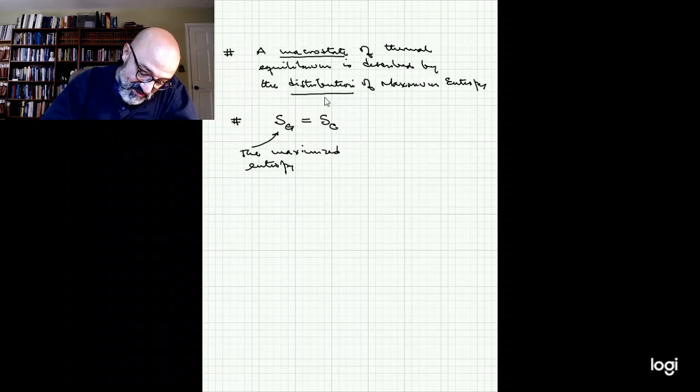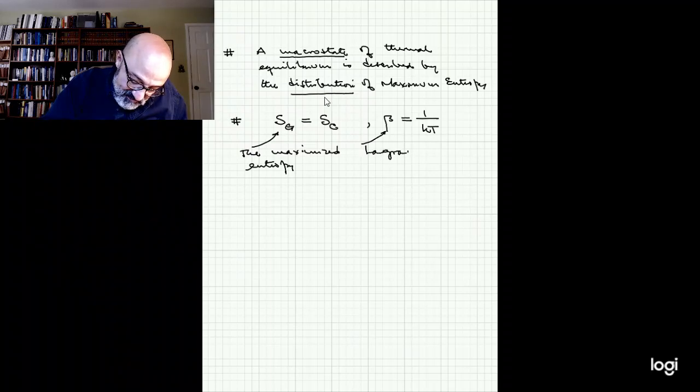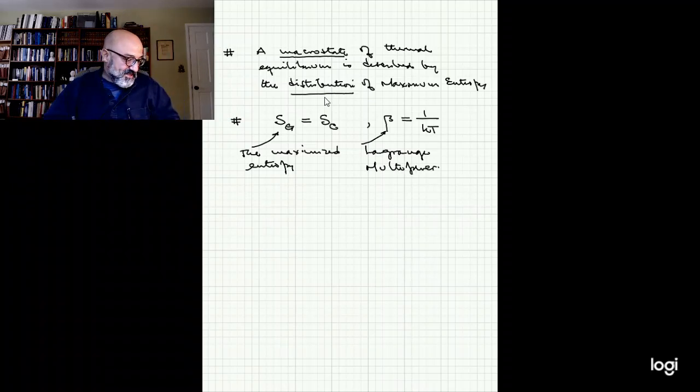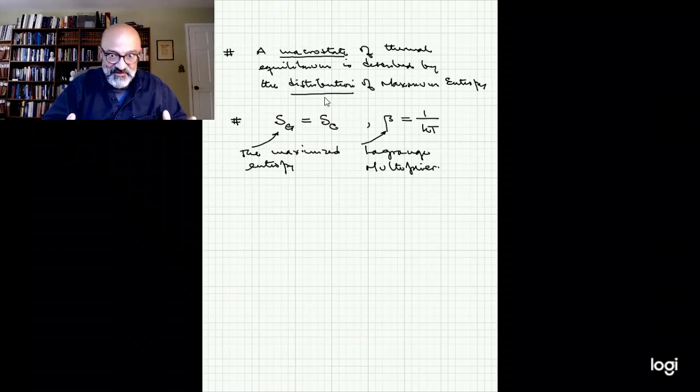Furthermore, the Lagrange multiplier in the statistical approach matches the inverse temperature. Now it's a good idea to draw attention to this because this is a wonderful result.